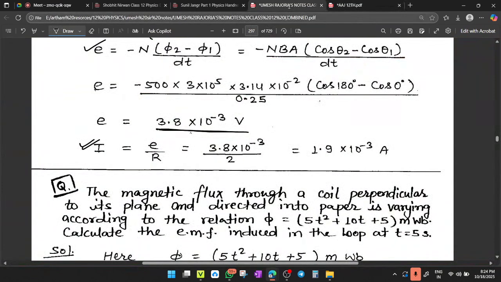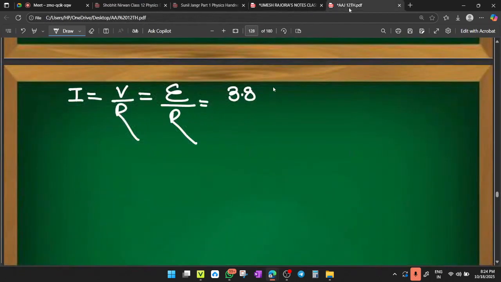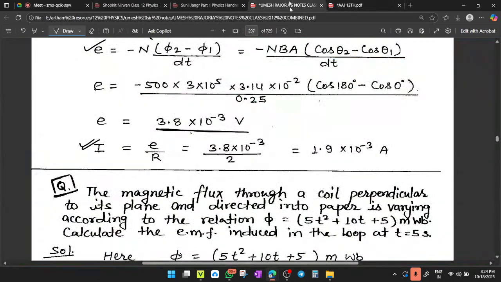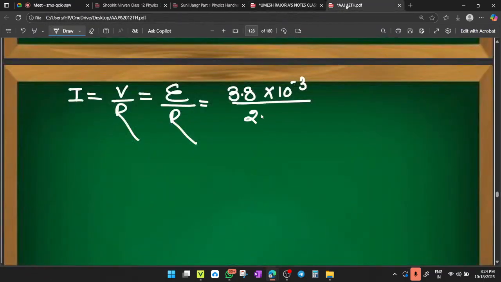So you know I is equal to V upon R, but in place of volt here it is EMF upon R. So 3.8 into 10 to the power minus 3 volt, divided by what is the resistance? Resistance here is 2 ohm. Clear, beta? So 3.8 divided by 2 is 1.9.